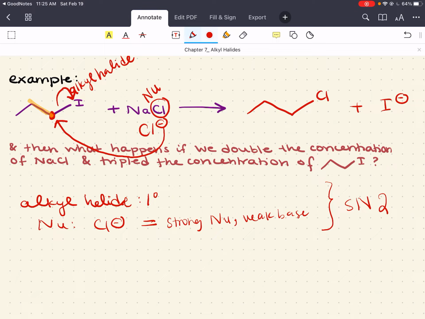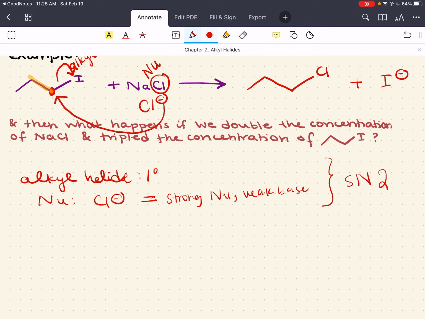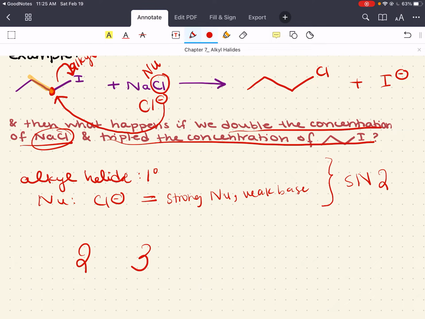Now, what happens if we double the concentration of our nucleophile, NaCl, and triple the concentration of our alkyl halide? If you multiply these two numbers, this reaction would go 6 times faster.